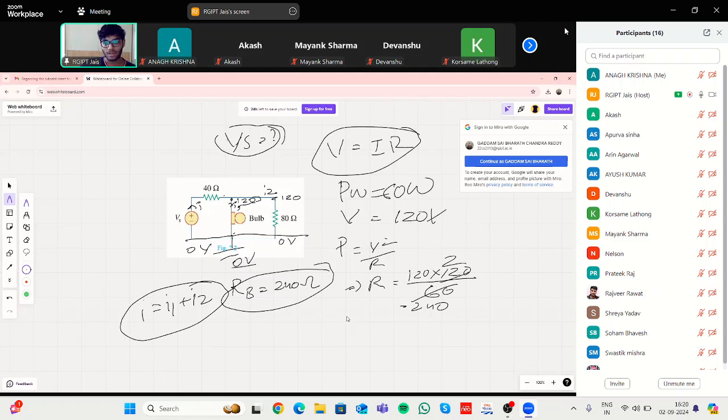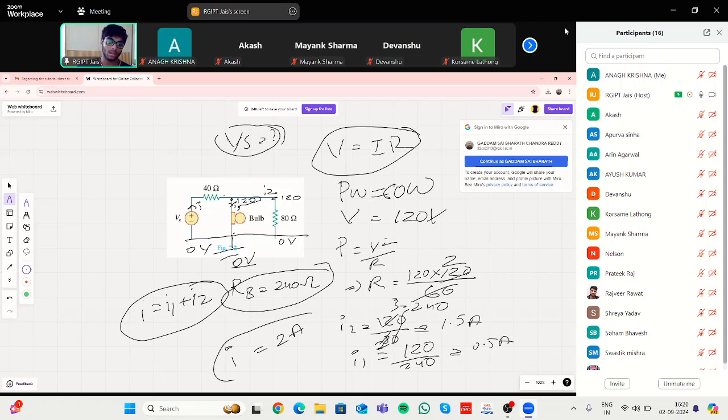Now for I2, the voltage is 120 and the resistance is 80, so it's 3 divided by 2, 1.5 amps. And for I1, V is 120 divided by 240, the resistance which I got, that is 0.5 amp. So the net current passing through the 40 ohm resistor is 0.5 plus 1.5, which is 2 amperes.